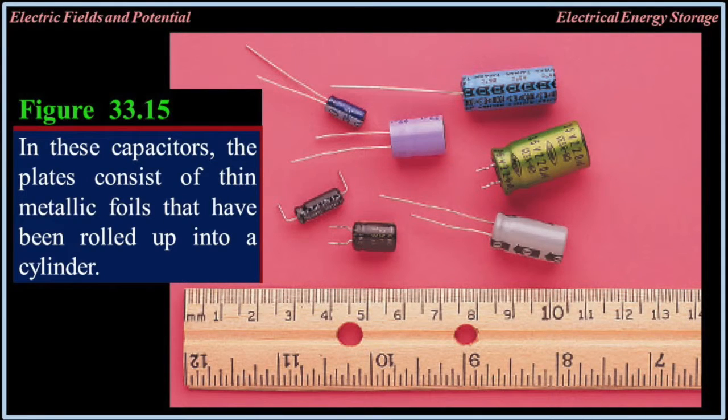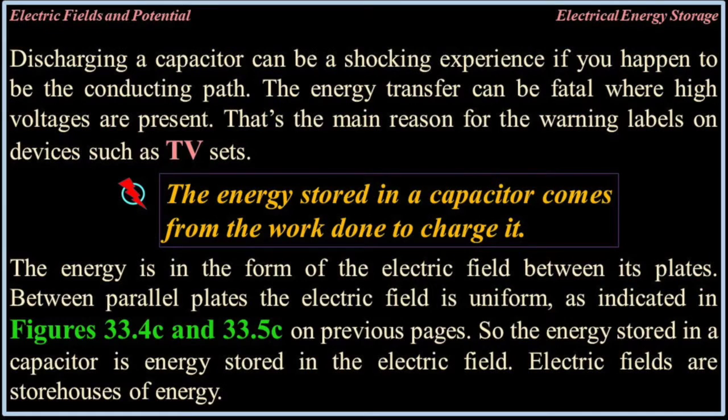Figure 33.15: In these capacitors, the plates consist of thin metallic foil that has been rolled up into a cylinder. Discharging a capacitor can be a shocking experience if you happen to be the conducting path. The energy transfer can be fatal where high voltages are present. That's the main reason for the warning labels on devices such as TV sets.